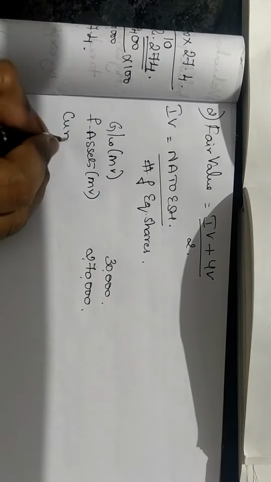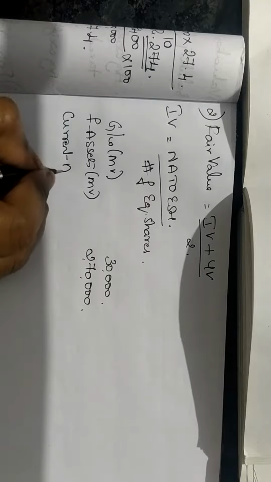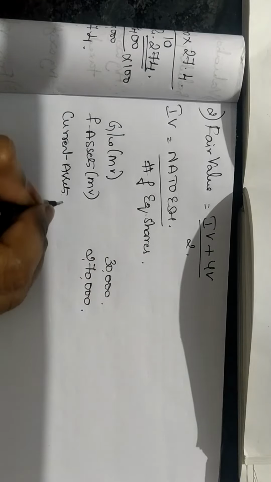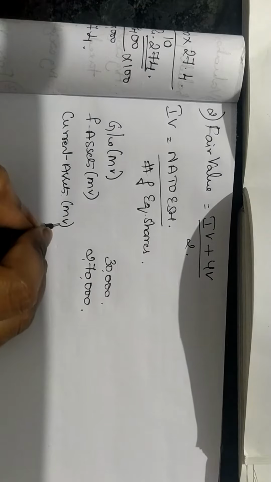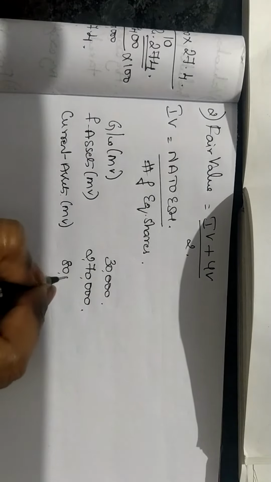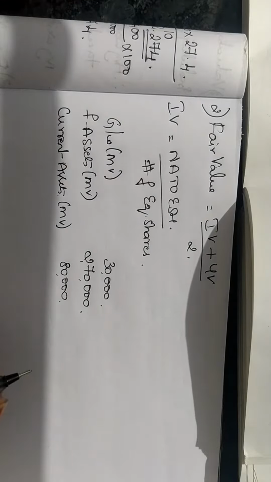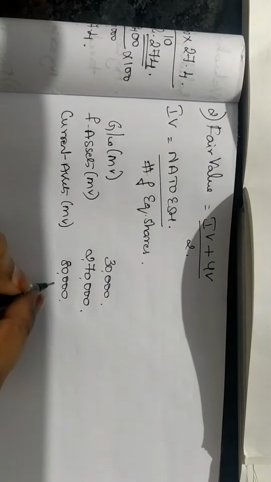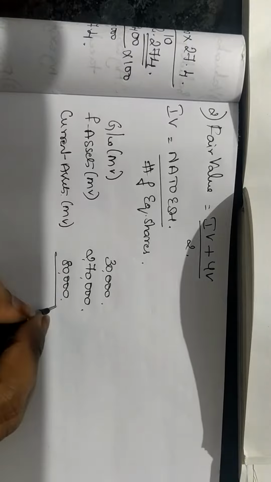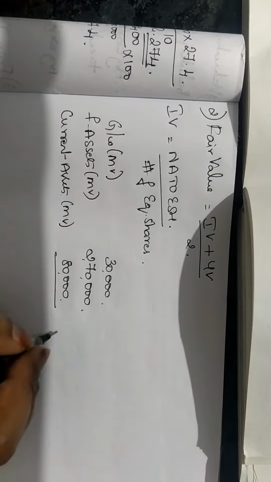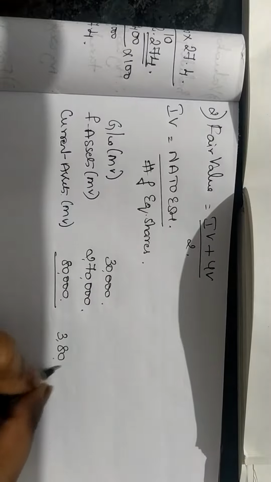Then current assets also, they have told you to take the market value, which is 80,000. So we have taken all the assets. There is no other asset left in the balance sheet. So the total of all this will give me 3,80,000.